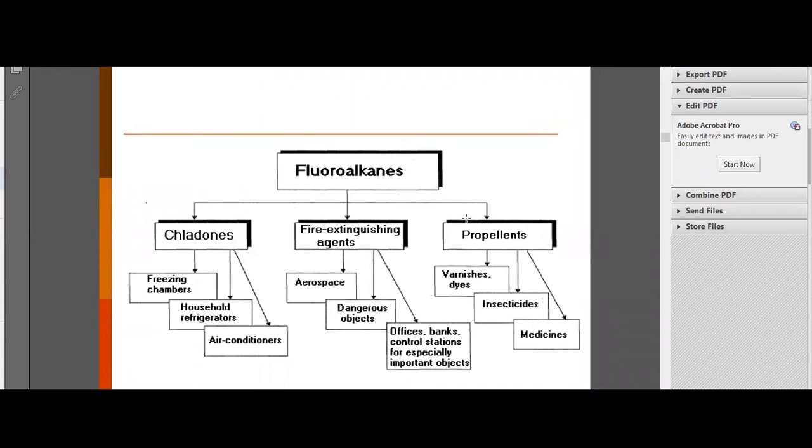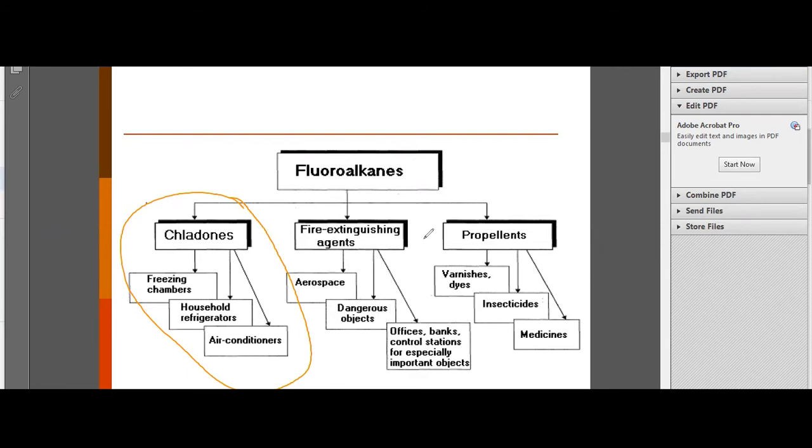Freon is a compound made from halogenoalkane. So the first function of fluoroalkane is as refrigerants.